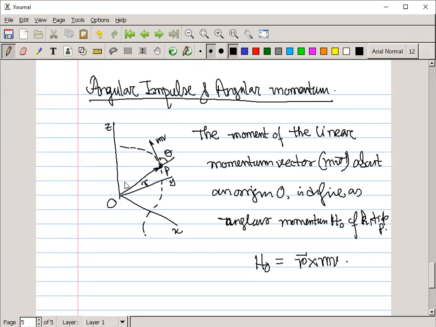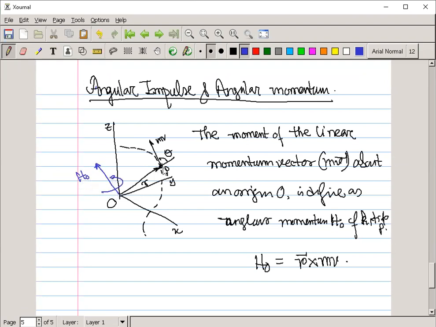So if it is the angular momentum, then momentum means a vector which is perpendicular to that plane, right?